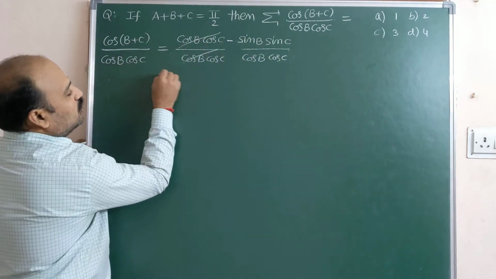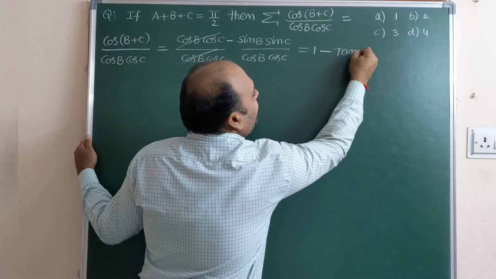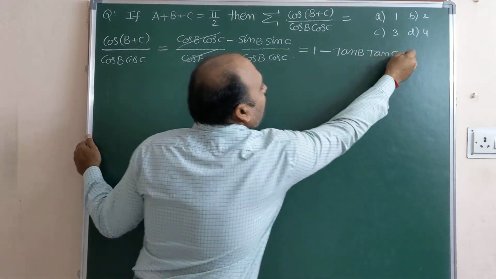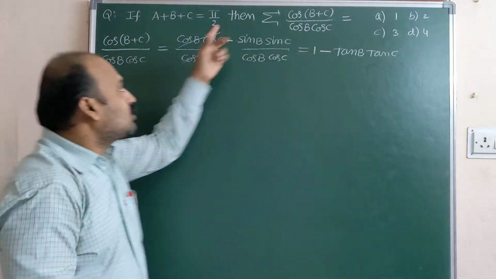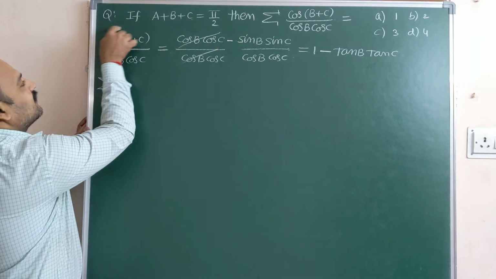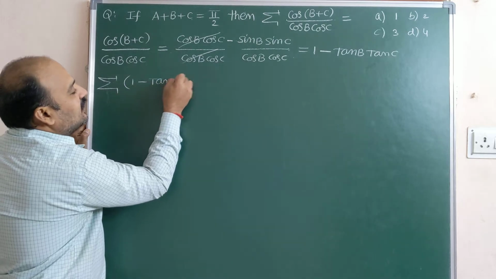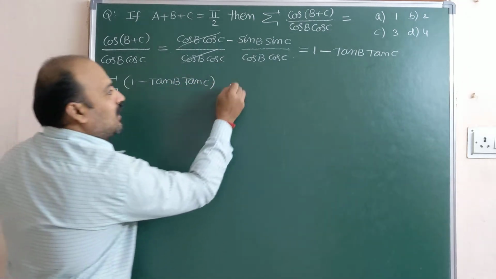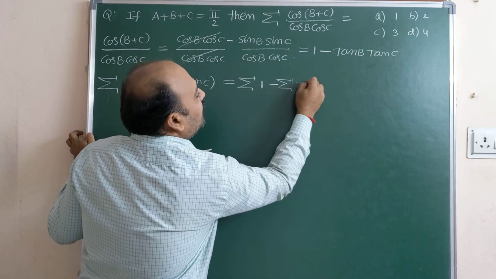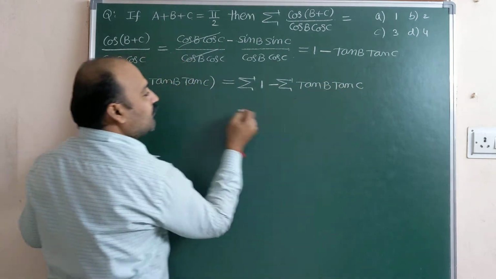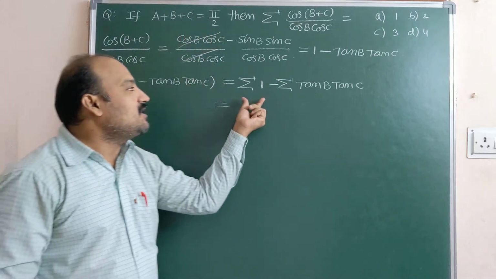Cos B cos C divided by cos B cos C will be cancelled now. So here I will write 1 minus sin B by cos B, tan B, sin C by cos C, tan C. So in place of cos(B plus C) by cos B cos C, the value is 1 minus tan B tan C. Sigma applied for each and every term: sigma 1 minus sigma tan B tan C. Sigma 1 you have to extend whenever sigma is there related to A plus B plus C; 3 times you have to multiply.